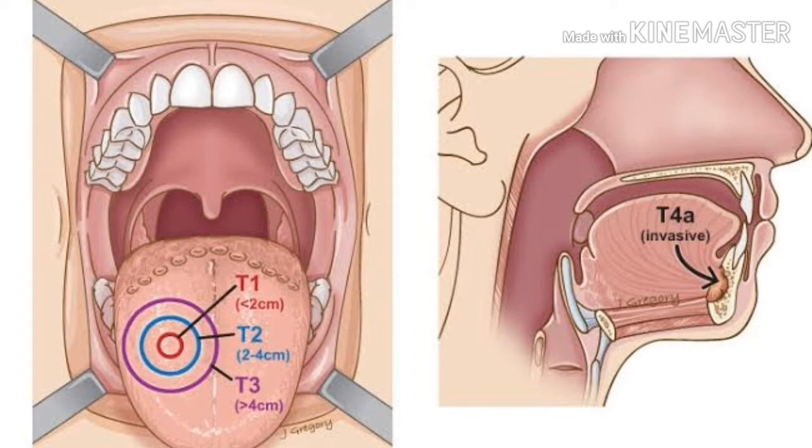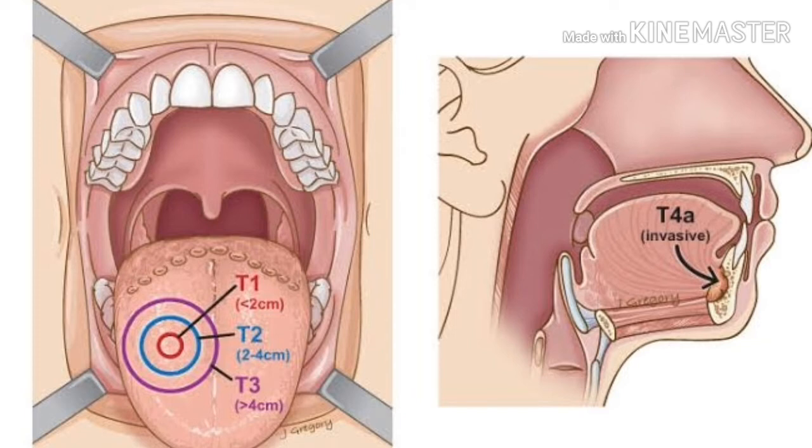N2A is metastasis in single ipsilateral lymph node greater than 3 but less than 6. N2B is metastasis in multiple ipsilateral lymph nodes, none greater than 6 cm. N2C is metastasis in bilateral lymph nodes or contralateral lymph nodes, none greater than 6 cm, and N3 is metastasis to lymph node greater than 6 cm in diameter.